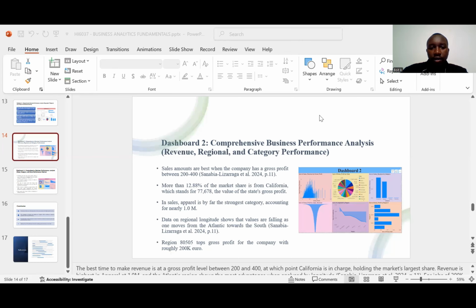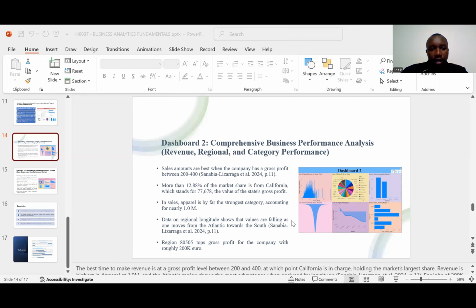This is according to Sanabia, Lizaka et al. 2024. You can see that more than 12.88% of the market share is from California, which stands for 77,678, the value of the state gross profit.